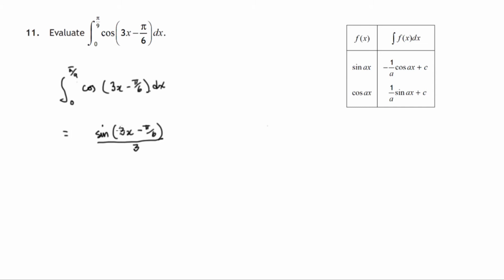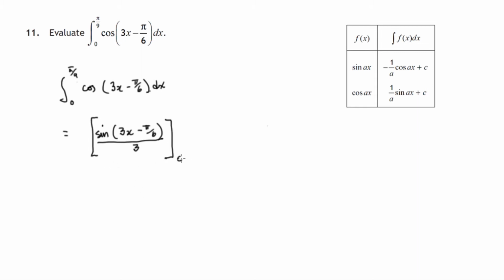So long as there's a linear expression, some number times x plus or minus another number, then this procedure works. We integrate cosine to get sine as normal. Because there's a 3 lots of x, we divide by that 3.